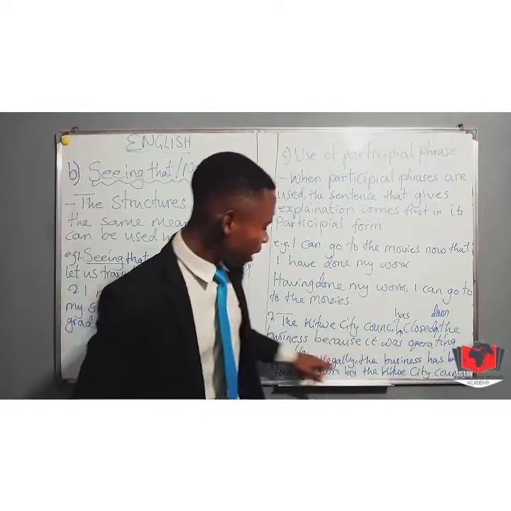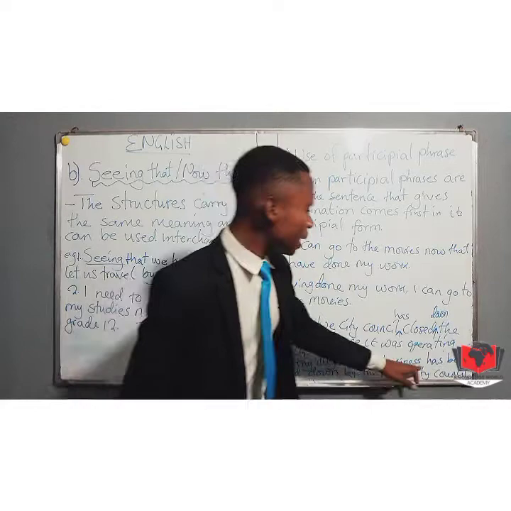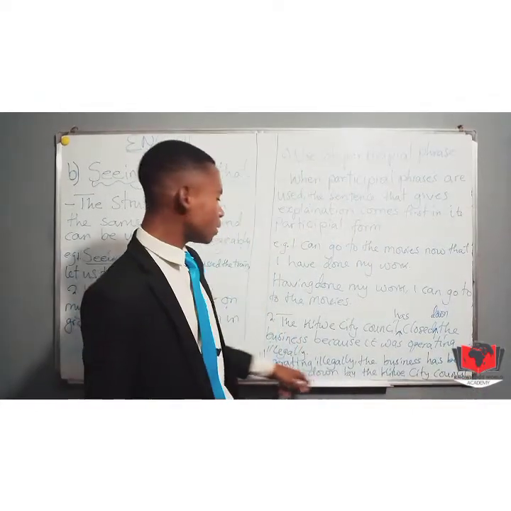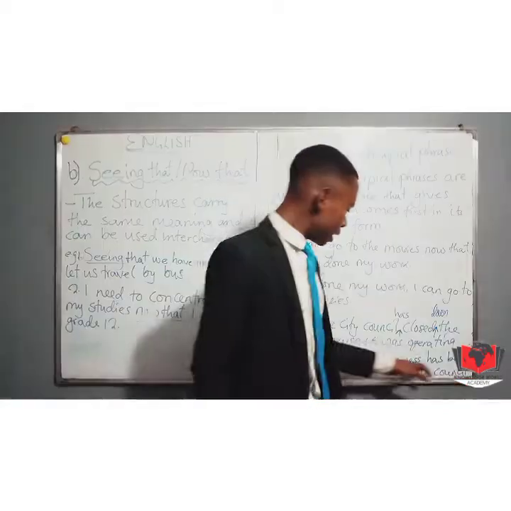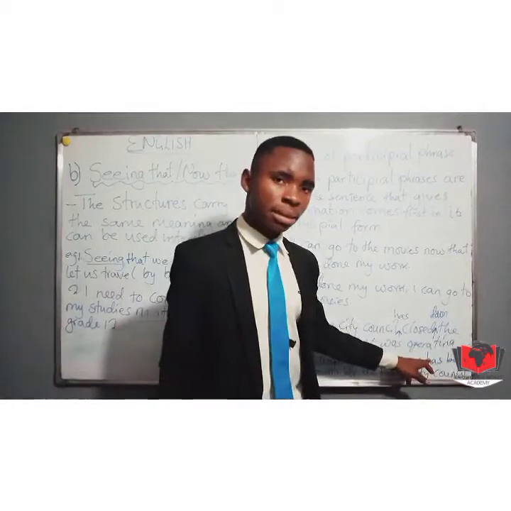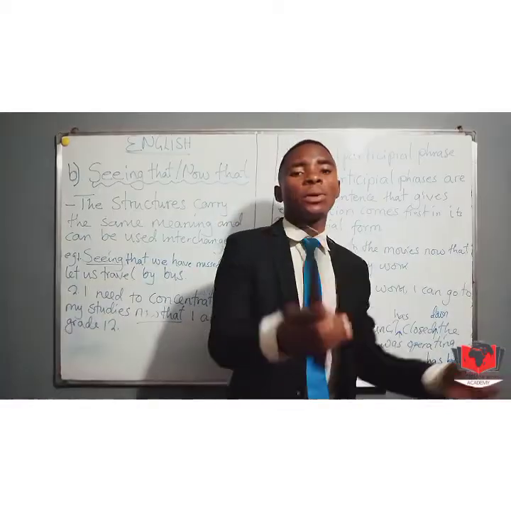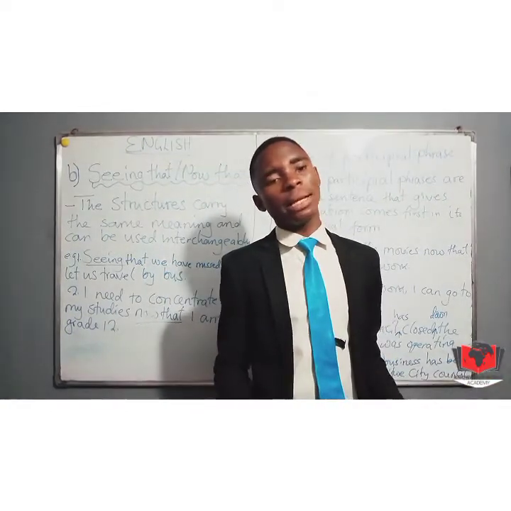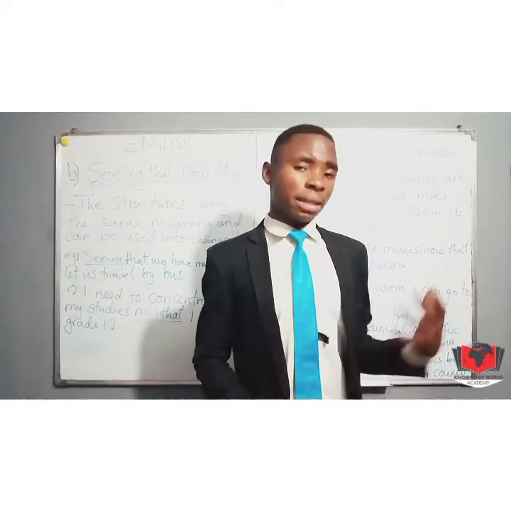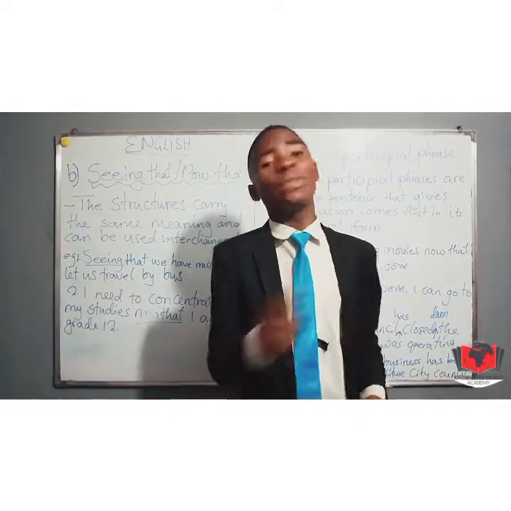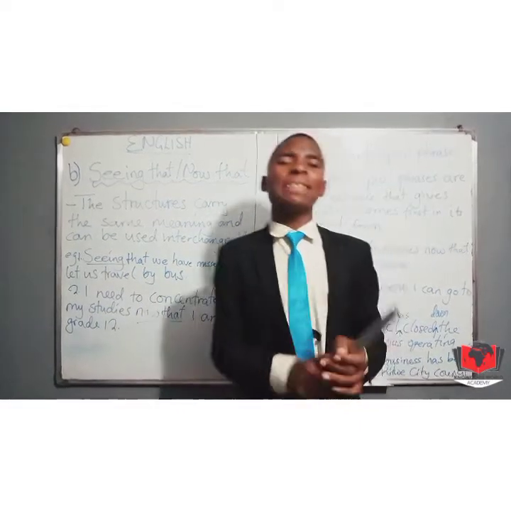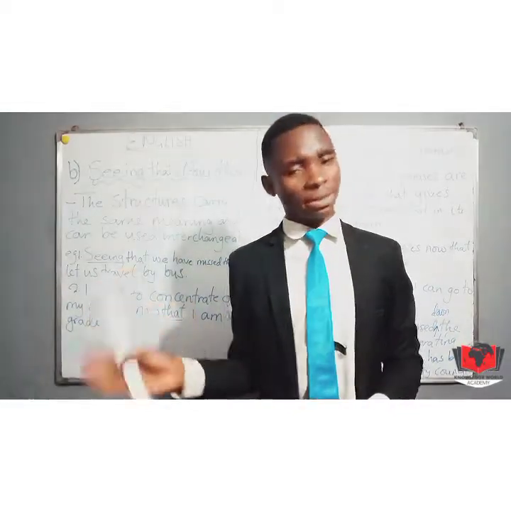That's why we say operating illegally, the business has been closed down by the Kitwe City Council. We cannot say the business has closed down the Kitwe City Council. No, it's not the business that has closed the Kitwe City Council, but the Kitwe City Council has closed down the business. Hence, the business has been closed down by the Kitwe City Council.